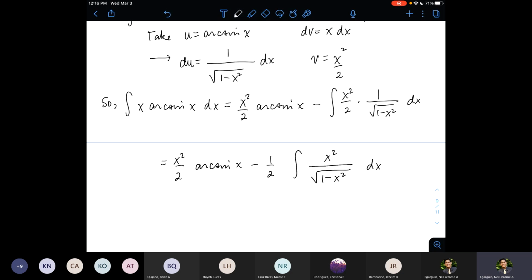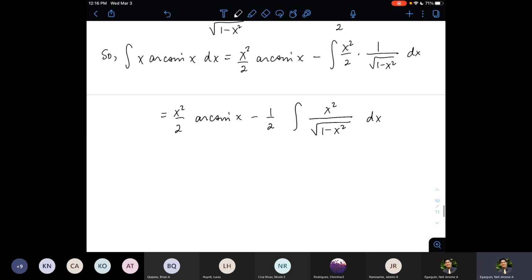And here is where I am a bit worried. Can we evaluate the integral of x squared over root of 1 minus x squared easily?